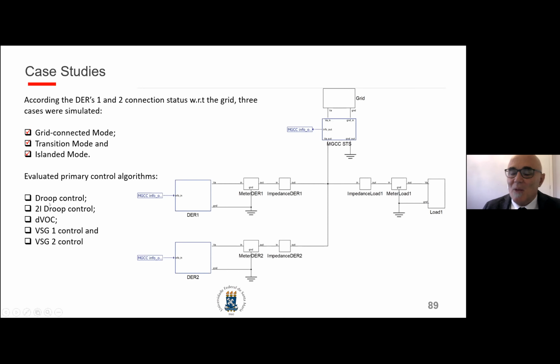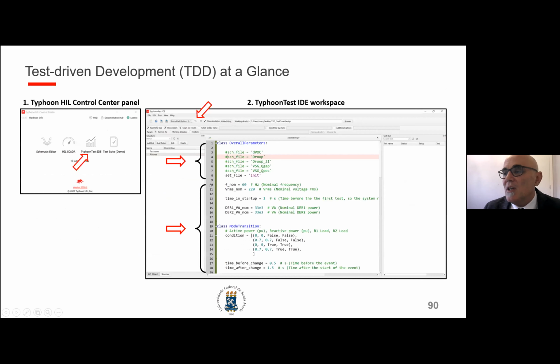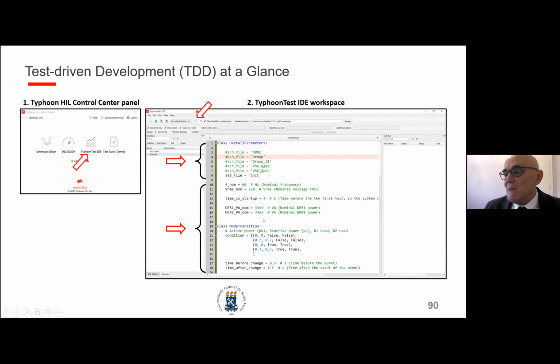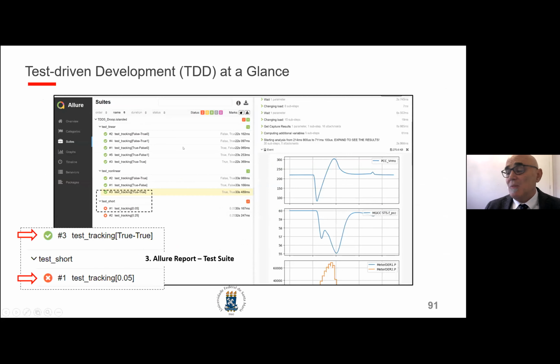An automated test has been developed to run hundreds or even thousands of tests, if you have the patience, and then we see the results in a neat environment, which is Allure. So here is how we parameterize the test using the Typhoon Hill IDE. And here is how the results of the tests are presented.